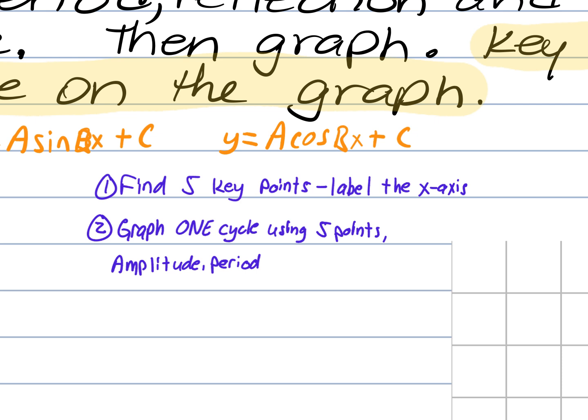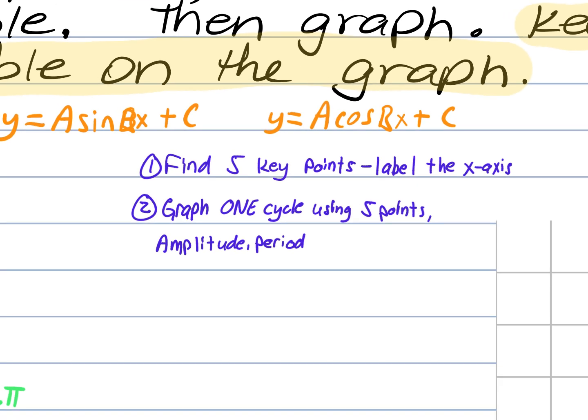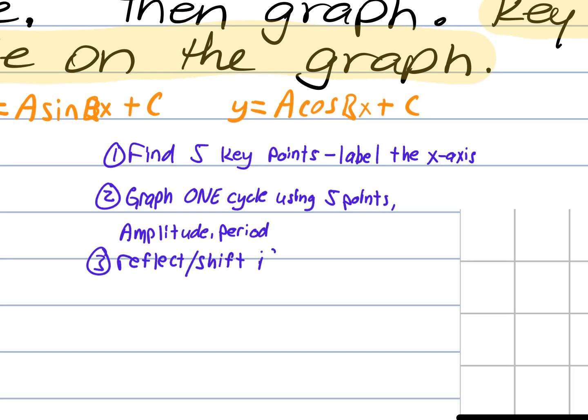All right. Now this next step is not always going to be used, but if you have a reflection or a shift, so I would reflect, this is when you would do it. So you would reflect or shift if applicable, right? If you don't have any, you would just skip it.